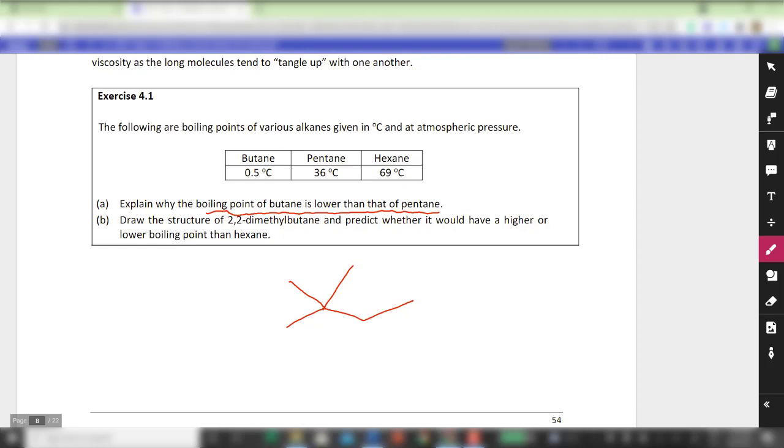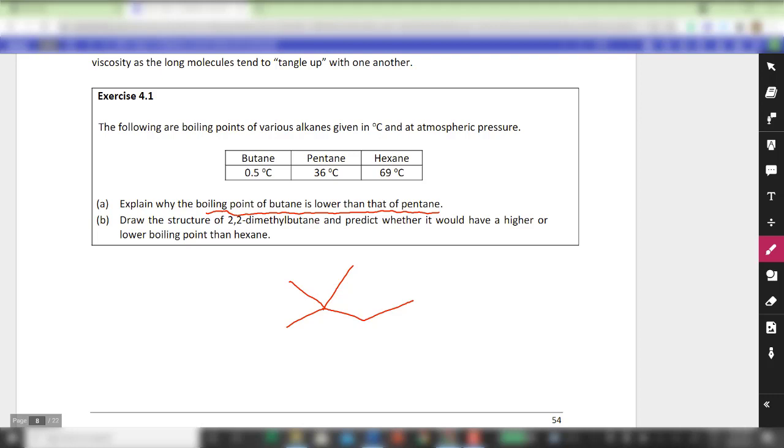If you look at the structure being drawn, you will realize that compared to hexane, you have a more compact and less polarizable electron cloud. So the surface area of contact between the electron clouds is smaller, so the probability of forming weaker dispersion forces between the 2,2-dimethyl butane molecules will be higher.